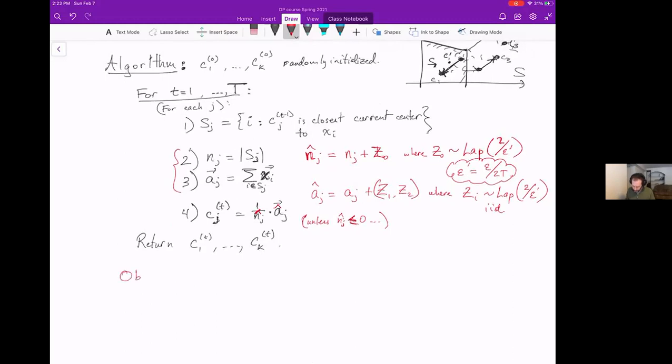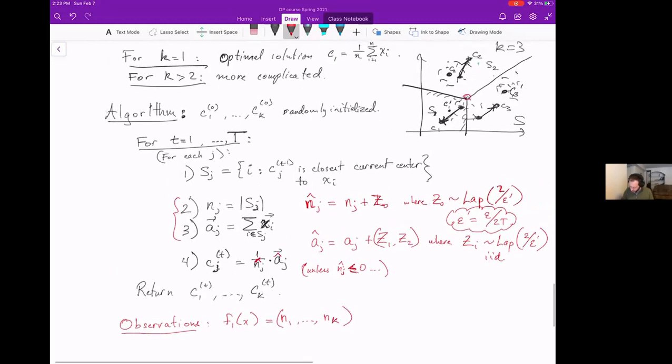Let's make some key observations here. I can define a function f1, and f1 is the vector of counts for these regions. Remember, there were 3 regions in this case, for k equals 3. In general, there are k regions. And this is actually a histogram, once I've fixed the cluster centers from the previous stage.